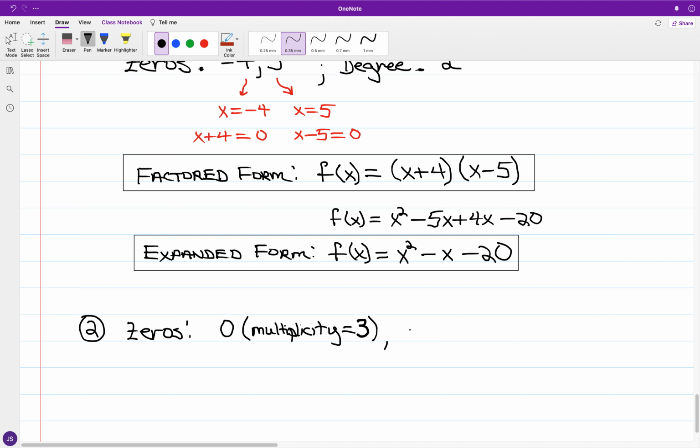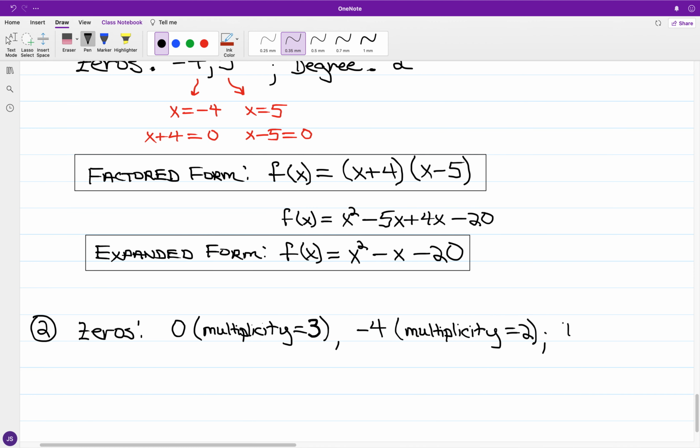And for the other zero, we'll say we have negative 4, and we'll say that multiplicity is going to be equal to 2. And for the degree of the polynomial, you have a 5th order polynomial.